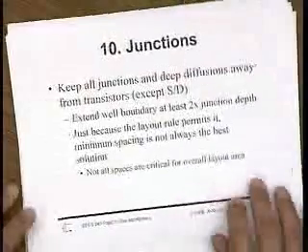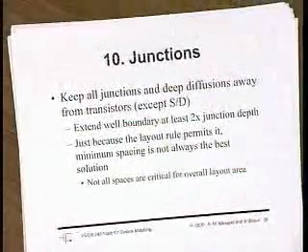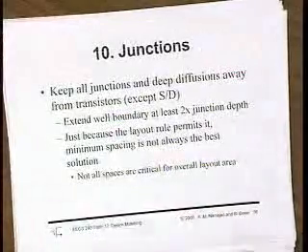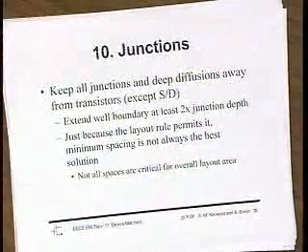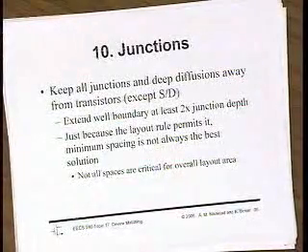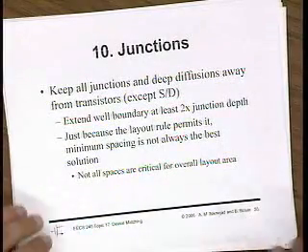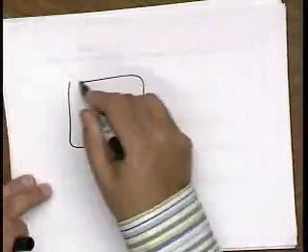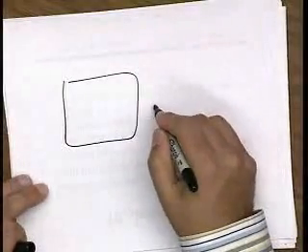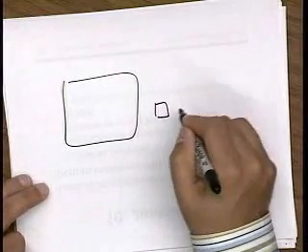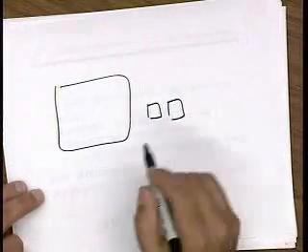One thing, coming back to this idea of stress, is that even though you can put things very close together in a modern CMOS process, you might not want to do that. Let's say this is one device and I have two devices here that I want to match.